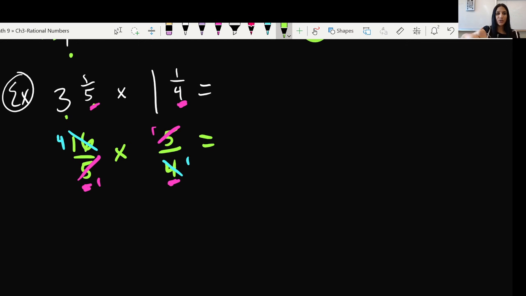So when I go to do the work, I would end up with 4 over 1 times just 1 over 1, which is, I could just write 1 over 1, but it's not going to make a difference. So after working our way through all of that, it's much simpler to work with, and we just get the answer 4, which we didn't even have to multiply very much. When we started canceling things out, we were able to simplify it quite a bit.